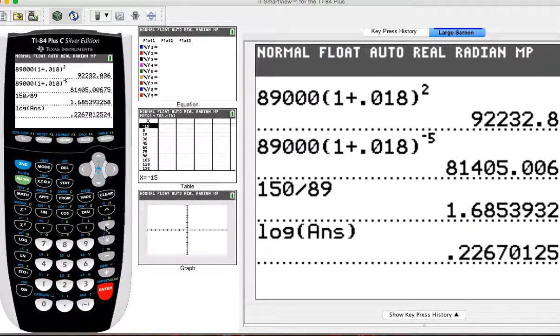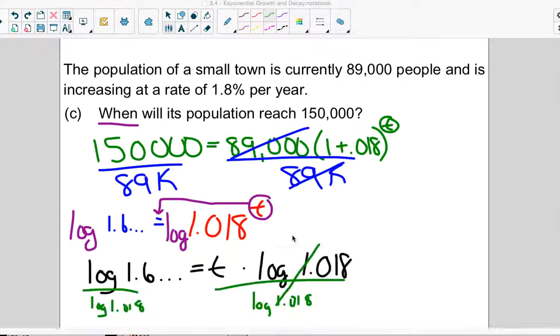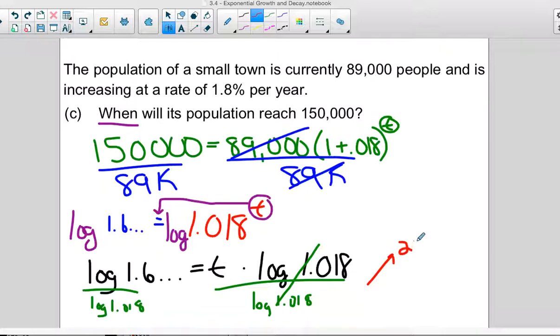So I'm just going to divide by log of 1.018, and that is what t is equal to. So you get 29.2601. So the answer is going to be 29.2 dot dot dot.